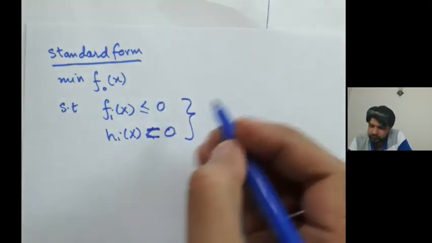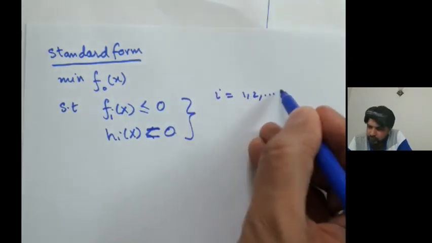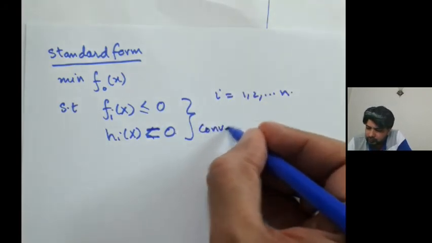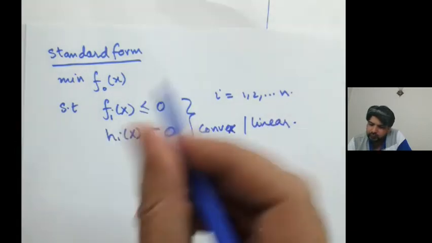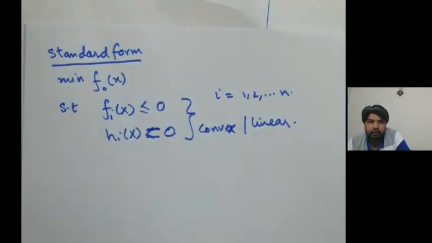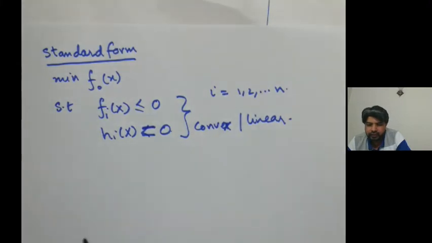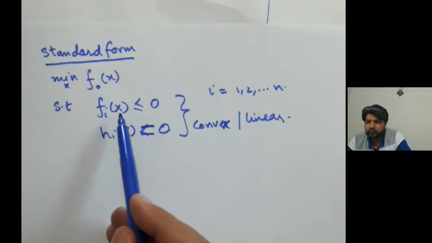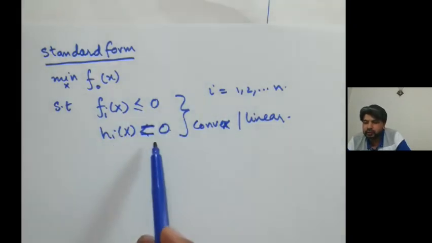So these functions, where i can vary from 1 to n, must be either convex or linear. So this is the standard form of a convex optimization problem. So you would have a convex function, you would write minimize over x, f naught of x, subject to your inequality constraints, and then there can be some equality constraints.